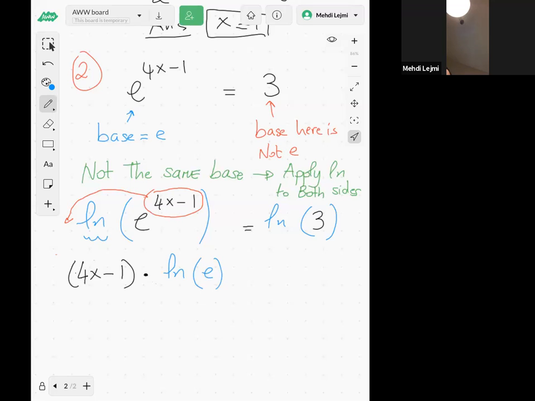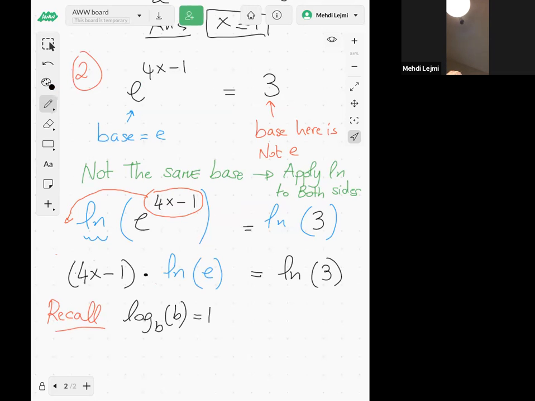On the right side is equal to natural log of e. Here, guys, we can simplify natural log of e. Just to remind you, log in base b of b, we said it's equal to 1. Log in base b of b is equal to 1.